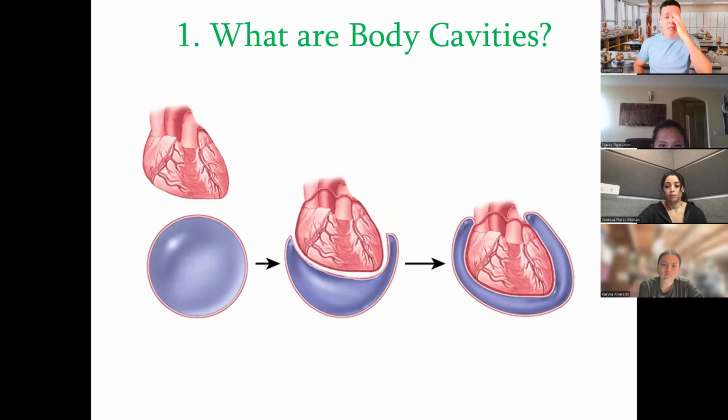Let's define what a body cavity is. Guys, when we talk about a body cavity, we understand that inside of our body is not made of one solid piece of muscle and bone. Right? When we cut through an animal or dissect a human being, there are spaces inside of our body. And those spaces are filled with different organs and structures.